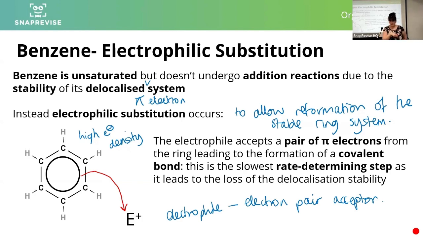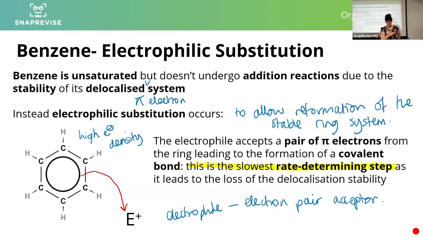But in doing this, we have disrupted the lovely stable ring system. That is why, and I'm going to highlight that actually, the formation of the covalent bond, which disrupts the ring system, is the slowest rate determining step. It's because it's led to the loss of the stability.